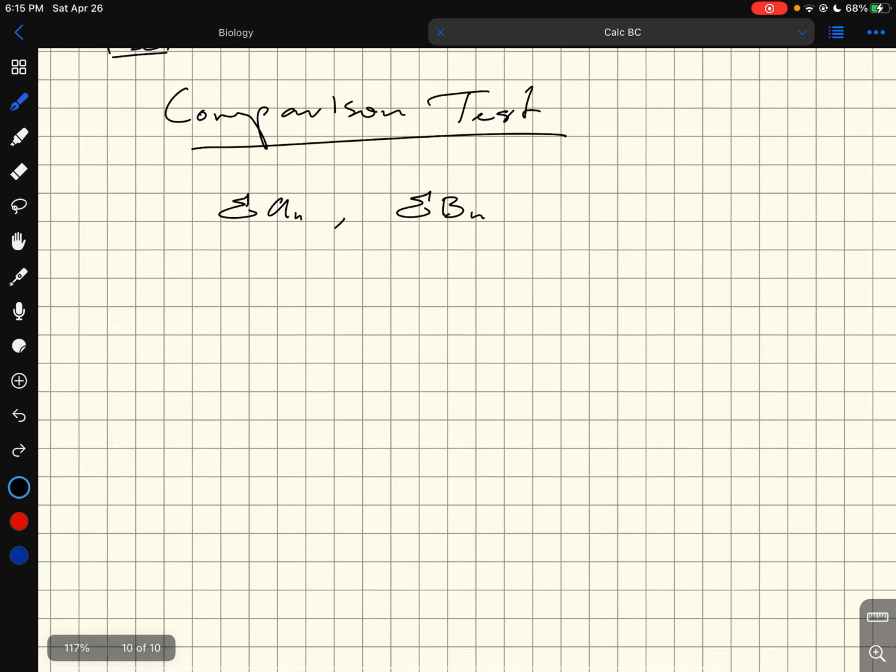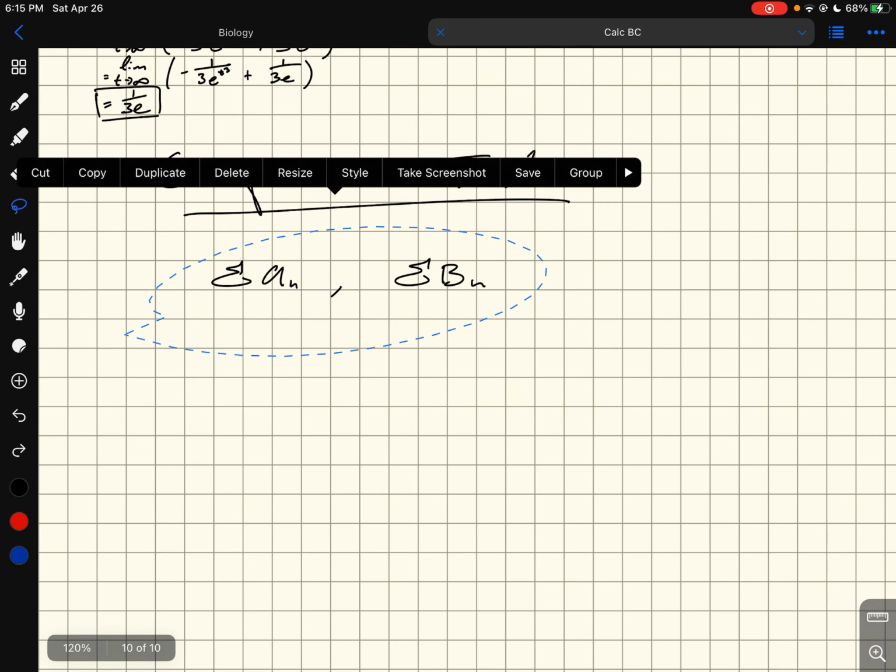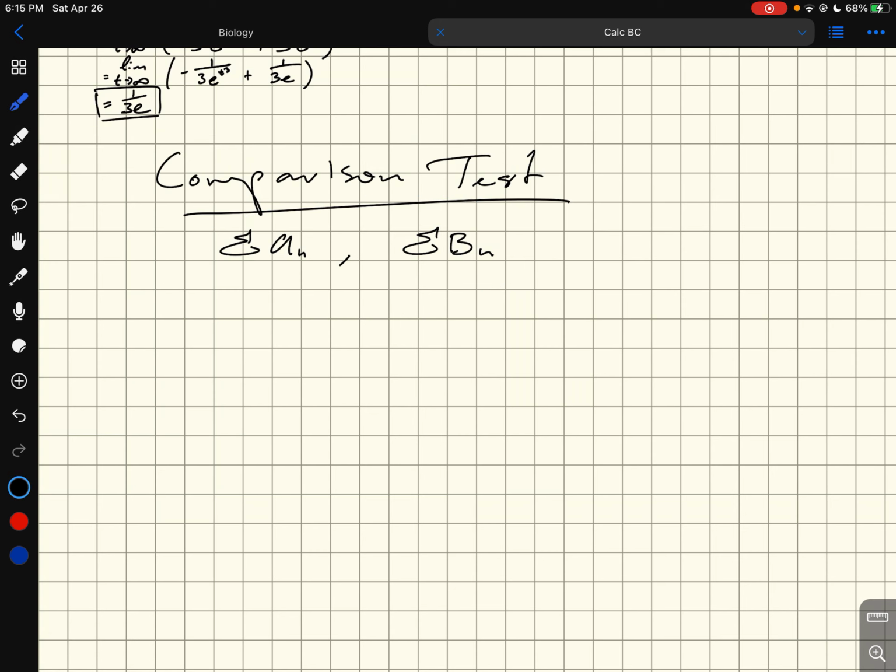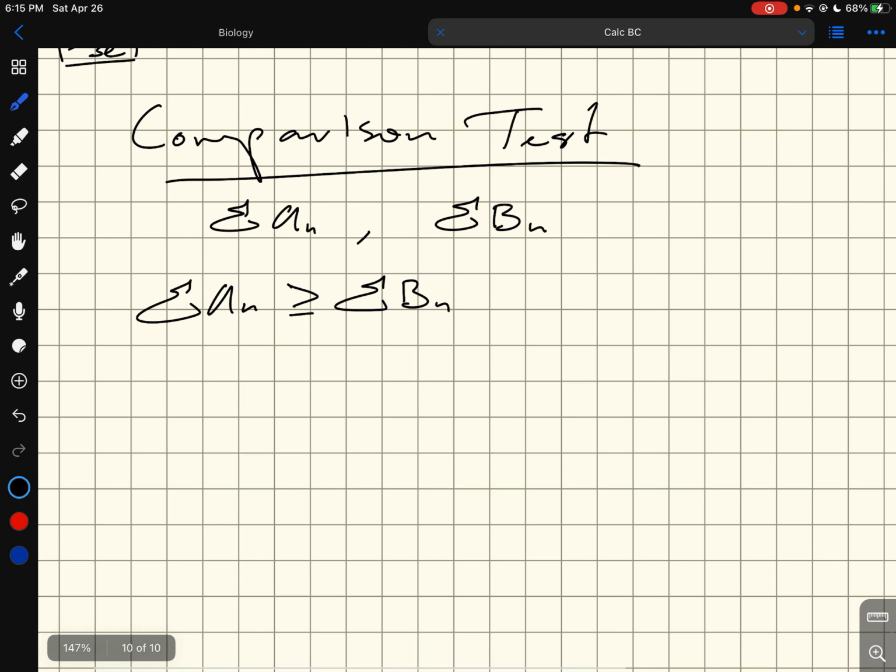So essentially this one's just telling you, if you compare this, and let's say in one case A is bigger than or equal to B. If this one is divergent, then we know this one is also divergent. So let's write that out.